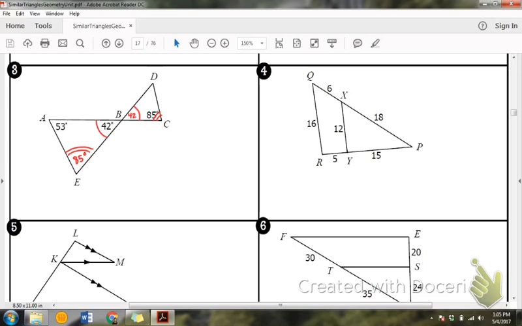Okay, so do I have two pairs of angles then? Okay, so this can be angle, angle. I don't really have to find out what D is, but I know that it's 53. So I would say yes, angle, angle, similarity.